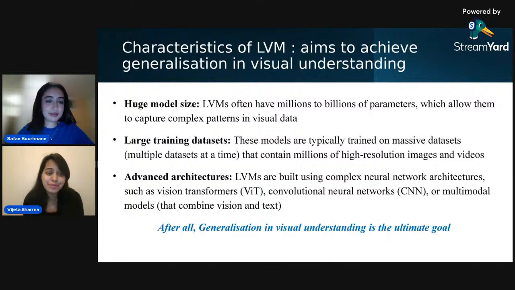It is multiple models being trained with multiple data sets, because the goal is to make them more generalized. And advanced architectures, large vision transformers, video vision transformers, and many multimodal models are being developed for large vision models, because they can handle these multiple tasks.